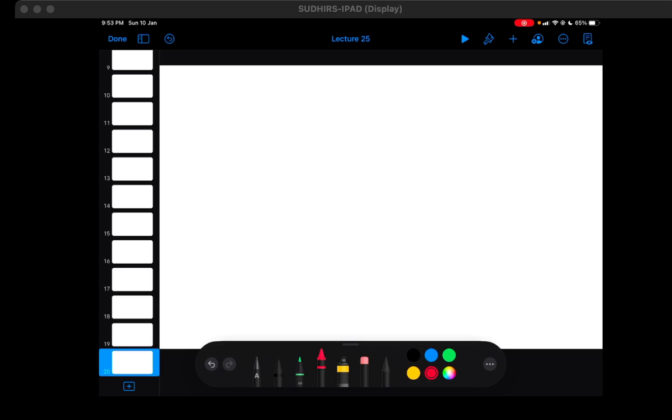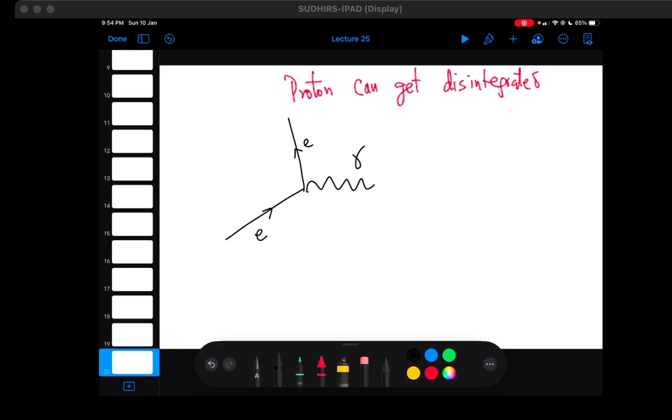That means you can break the proton with sufficiently energetic electrons. So what is this process? The electron comes and goes away, exchanges a photon, hits the proton, and then the proton just disintegrates into some X. Whatever remains of the proton just disintegrates.